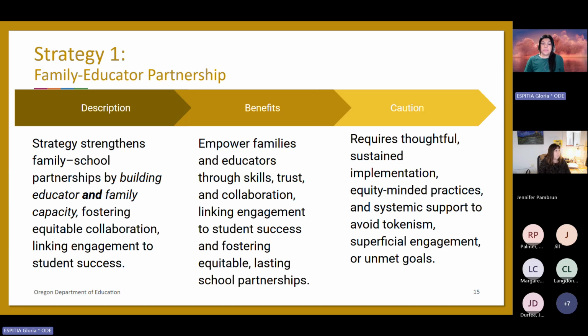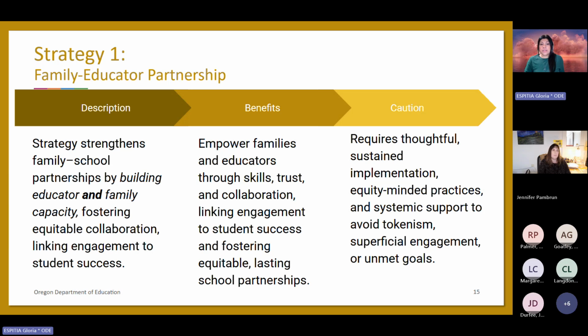The aim of this strategy is to establish a shared decision-making approach that actively includes families as equal partners in their children's education. This strategy prioritizes ongoing two-way communication, transparent sharing of information, and intentional opportunities for family voice in the planning of their students' education and goal setting.